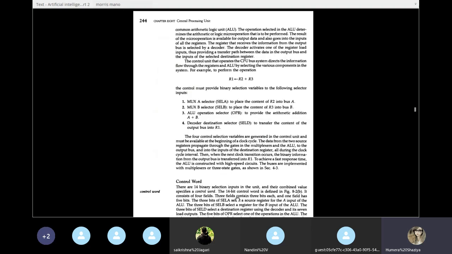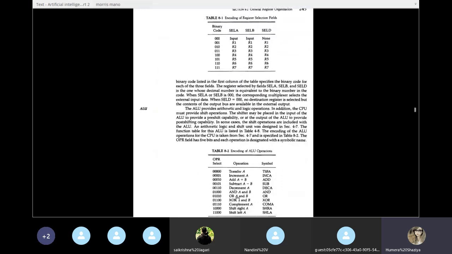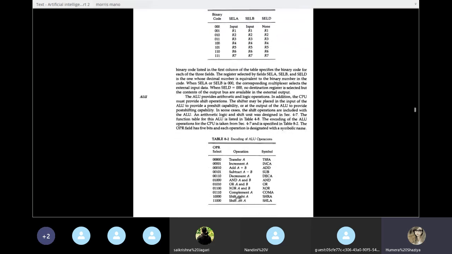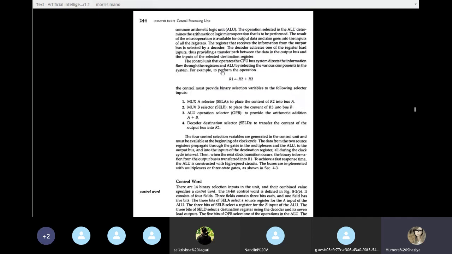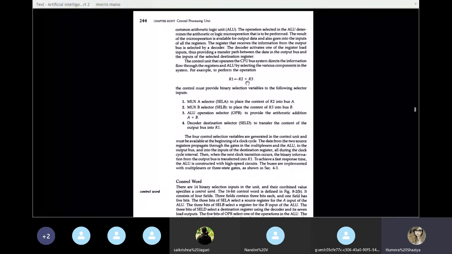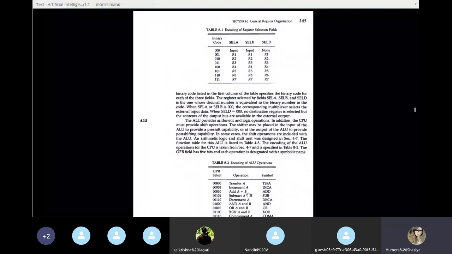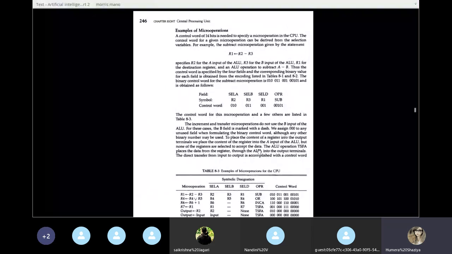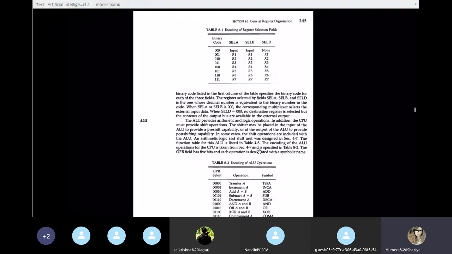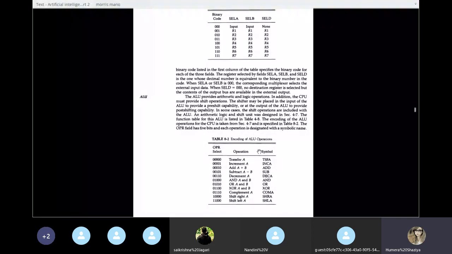Look at these codes, and tell me what will be the value of cell A, and also look at this, and tell me what the codes are for that control word. Can anyone quickly tell me?